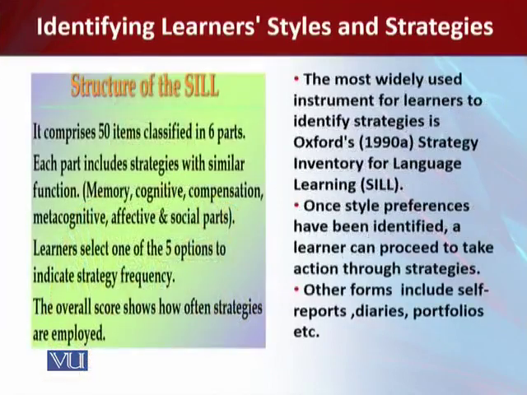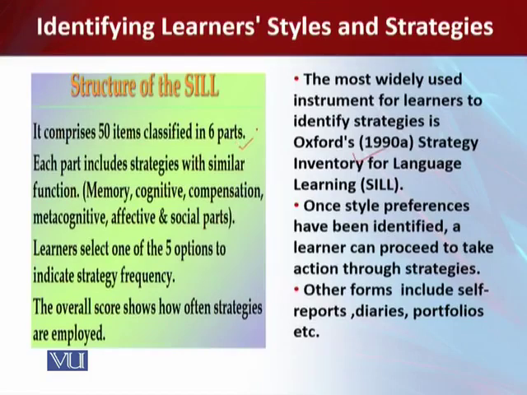Now you have on the left side the structure of the Strategy Inventory for Language Learning. This is the most widely used instrument for learners to identify strategies, and it has been proposed by Oxford. If you look at it, it comprises 50 items classified in 6 parts.